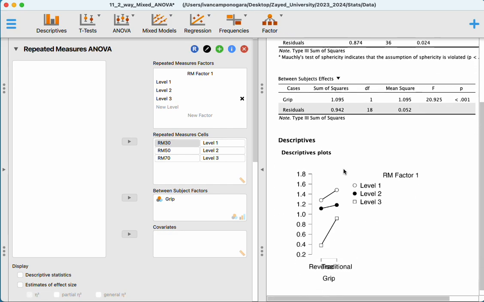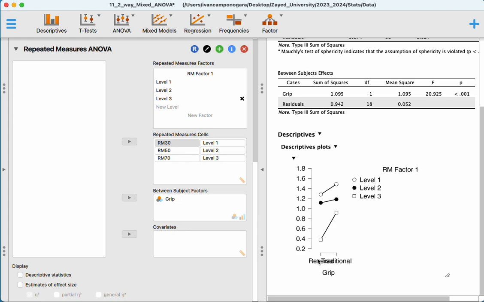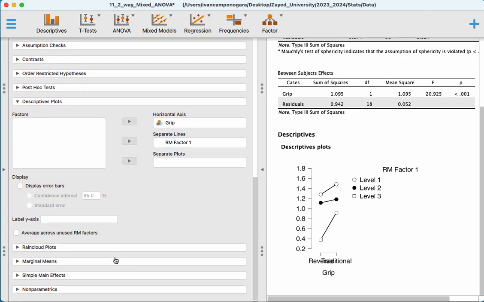The interaction means that inside each group, reverse and traditional, we have different levels of force, and for each level 1, 2, or 3, which are the measurements at 30, 50, or 70 days, we have differences in force between reverse and traditional grip. We now have to check it by running the post-hoc test and see what is different from what.